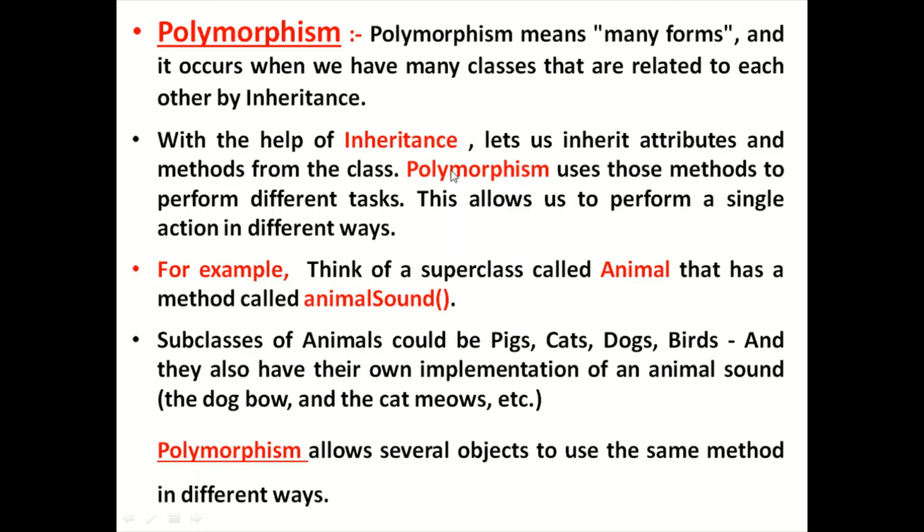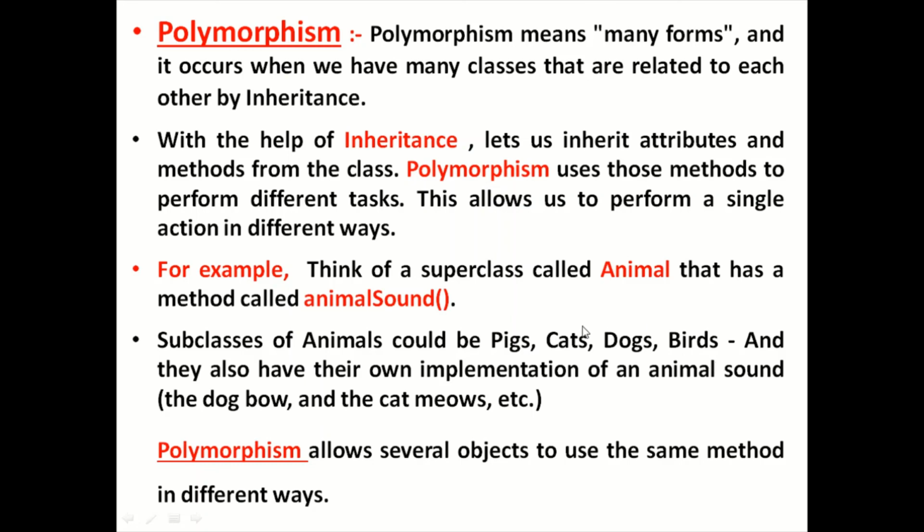Now polymorphism works here. Each and every animal has its own implementation of sound, like the cat says meow, the dog says bow, but we are using the same method without changing the code. We call the same method that we inherited from the superclass, but we use this same method in different ways in different objects.